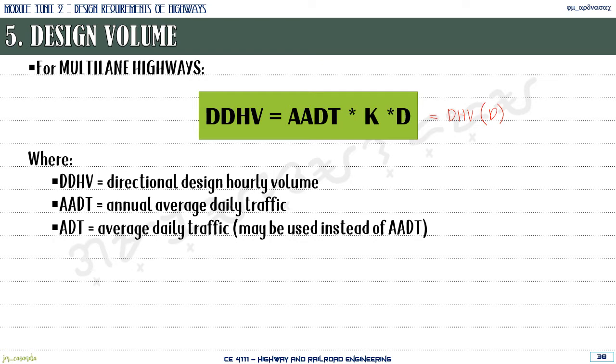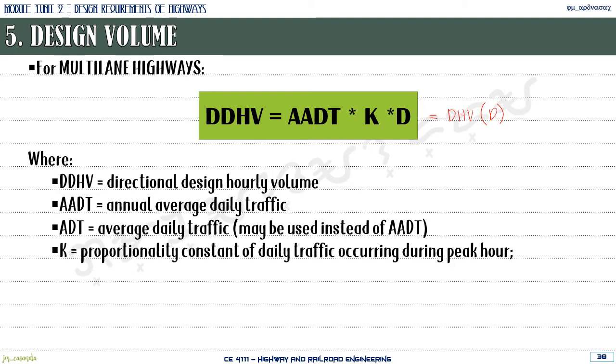So the difference between the AADT and ADT is that the average daily traffic is simply the total number of vehicles that would traverse the highway section for a day. Okay? So the annual one is also an average daily traffic, but we are considering the total of 1 year. So for your K value, this will again be a proportionality constant and will differ based on your condition.